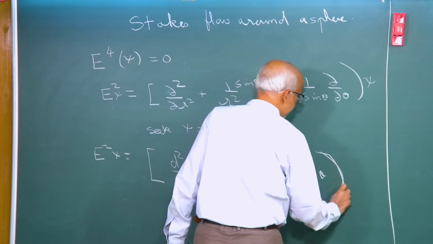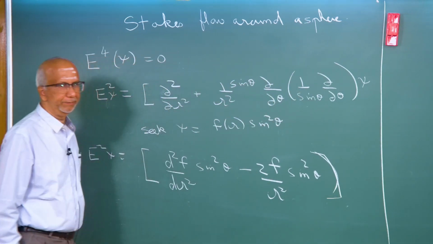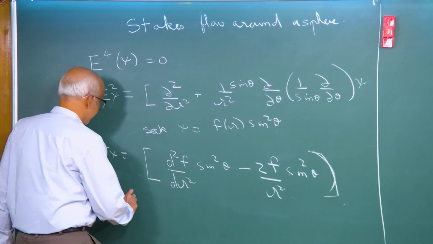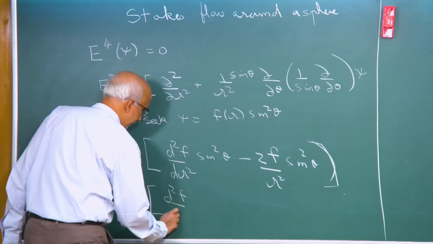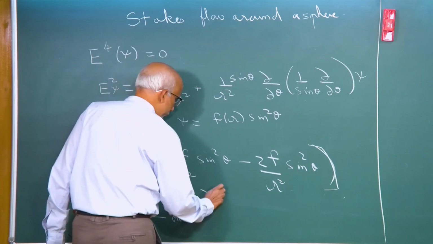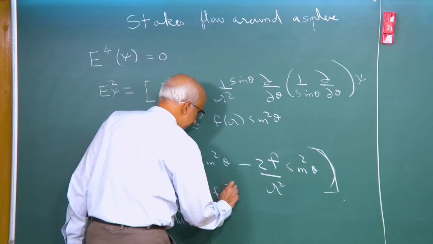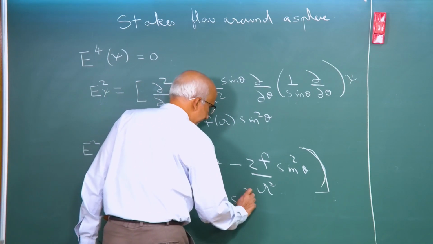That is what I get. So basically I have d square f by dr squared minus 2f by r squared times sin squared theta.